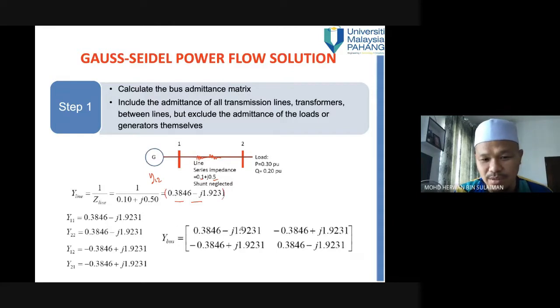So you negate and get negative 0.3846 plus j1.9231. Similar for this one because this is the mirror. And for the diagonal, since there is only one transmission line, it's a similar value. Just put the value right here. This one is Y11 and Y22. So you get the Y bus.